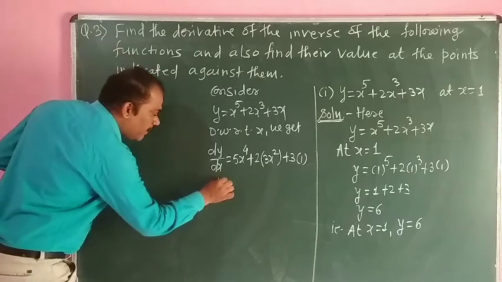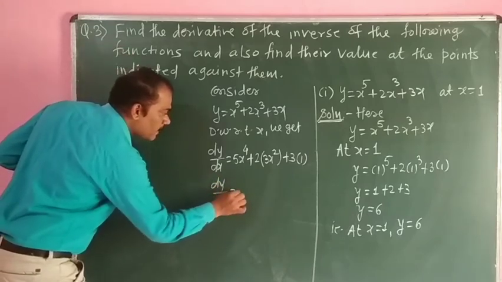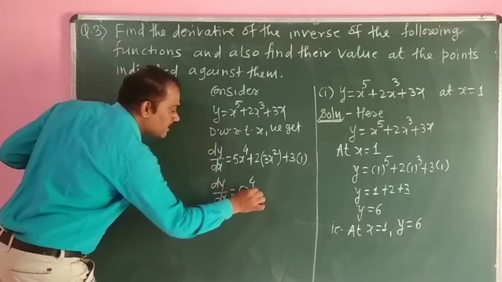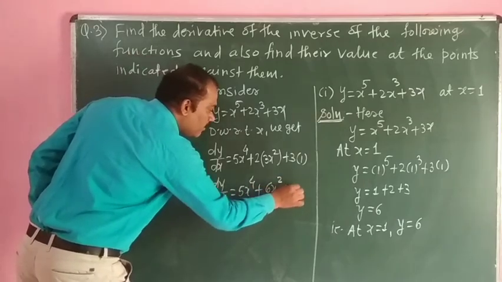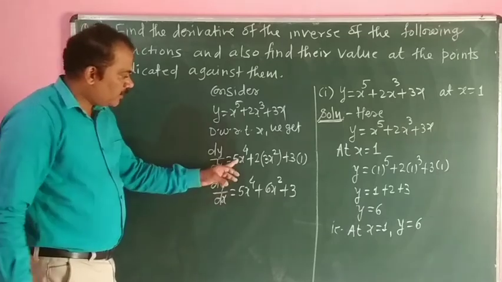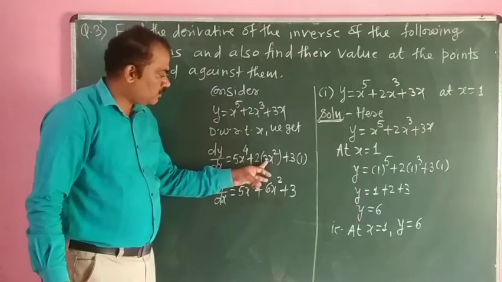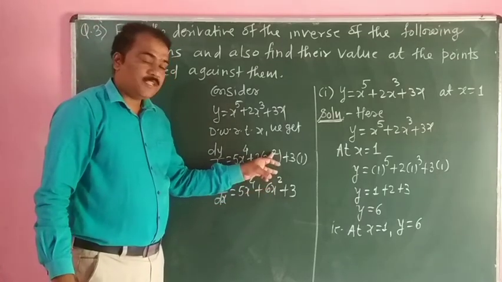That is dy by dx is equal to 5 times x raised to 4 plus 6 times x square plus 3. Check that: 5 times x raised to 4, 2 into 3 is 6 times x square, plus 3.